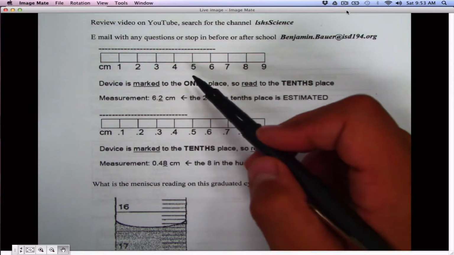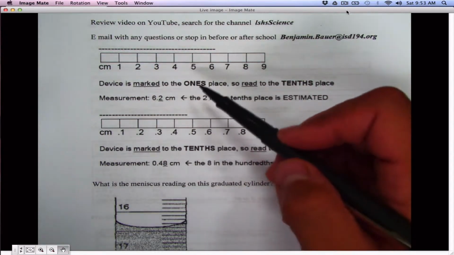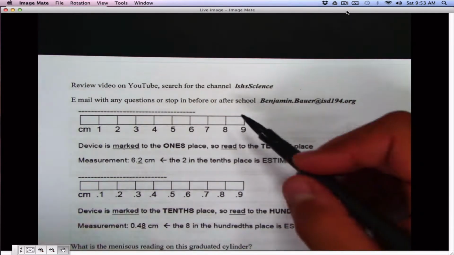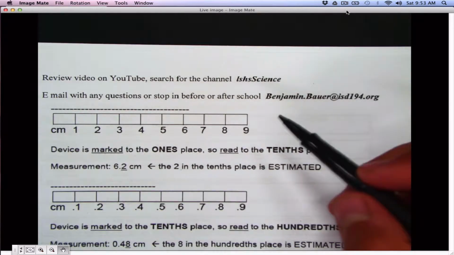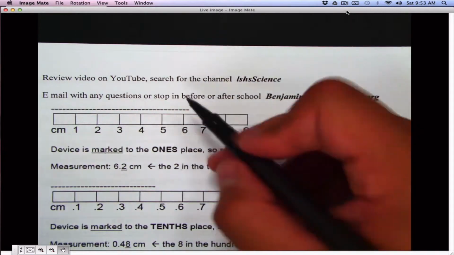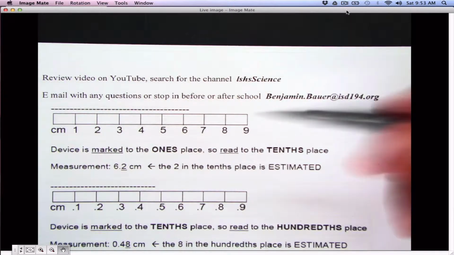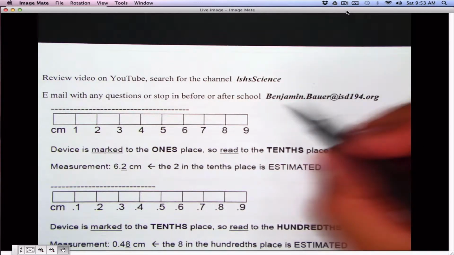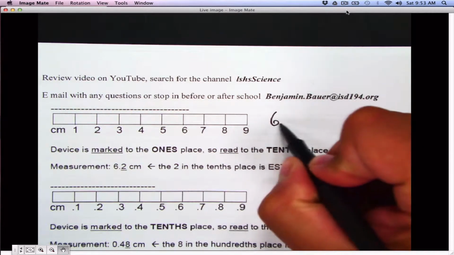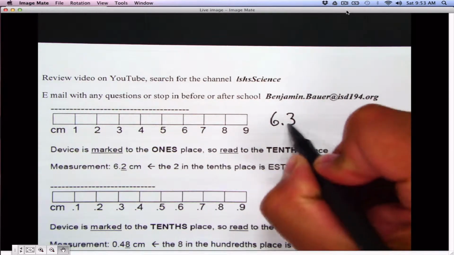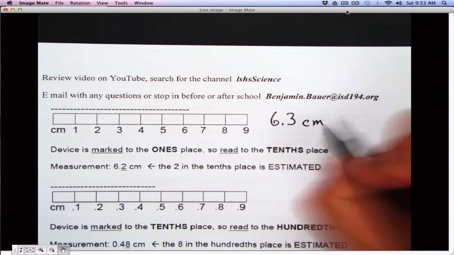One unit smaller would be the tenths, so I have to round to the tenths. This measurement is just a little past the 6, not quite halfway. So a good measurement would be 6.3, and it'd be centimeters.